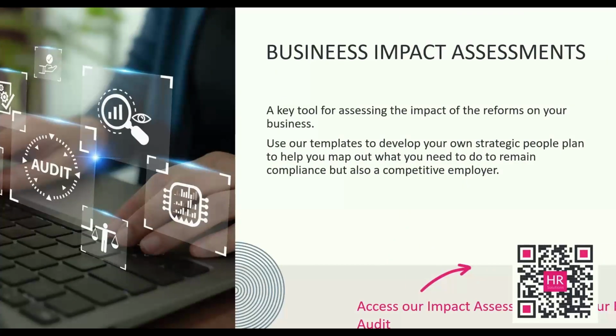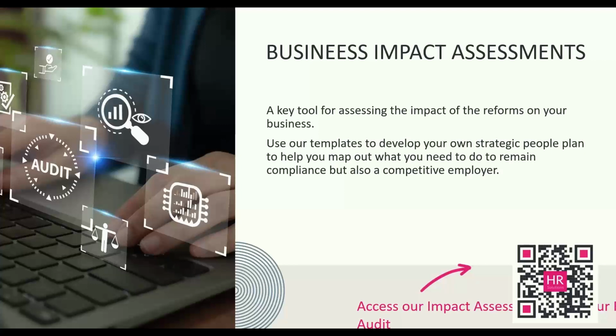We also have business impact assessments, so we're working very hard on preparing for the Employment Rights Bill. I've developed several impact assessments. Again, you've got them available via the QR code here. There's one in particular that's all to do with tribunals, because we're going to be seeing some changes in that area anyway. So do check those out and actually start thinking more broadly about all of the reforms as well.